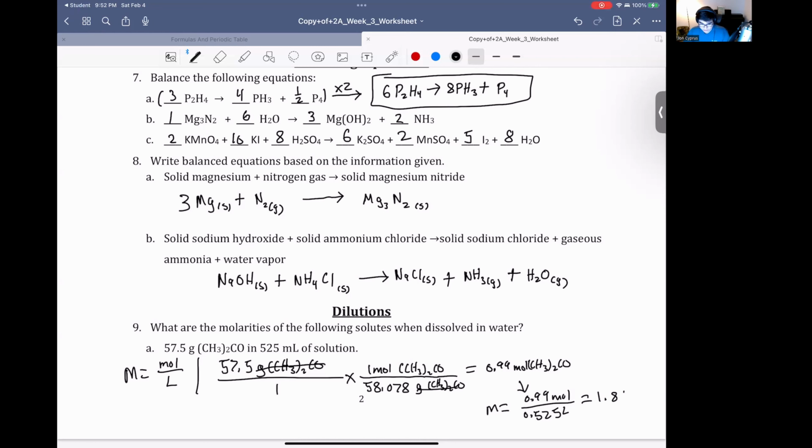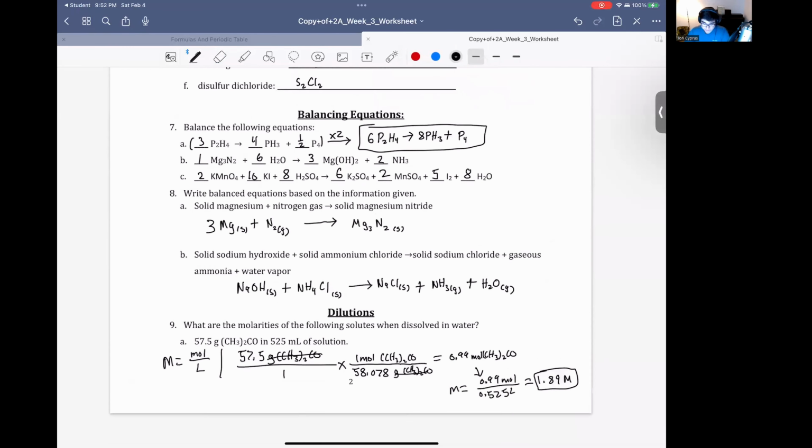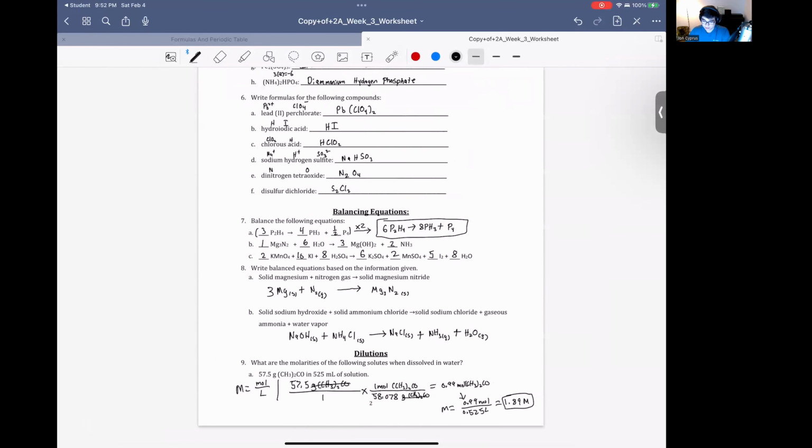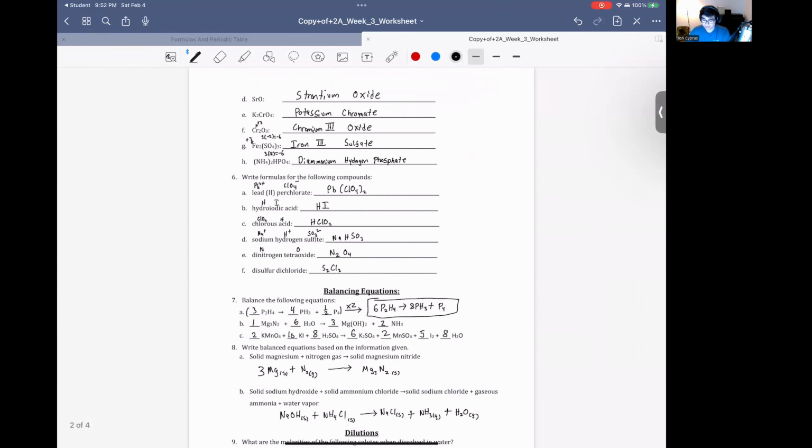How many sig figs? Let's use 3. 1.89, times, oh, no, that's it. I was going to say times 10 to the 0 power, but that's it. 1.89 molar. So convert your grams into moles first, and then divide it by the liters of solution that it's in. And that's how you find the molarity. Make sure it's in liters, not milliliters.